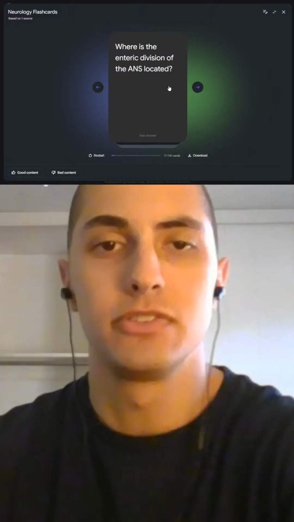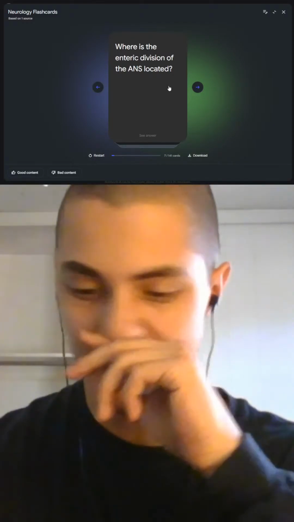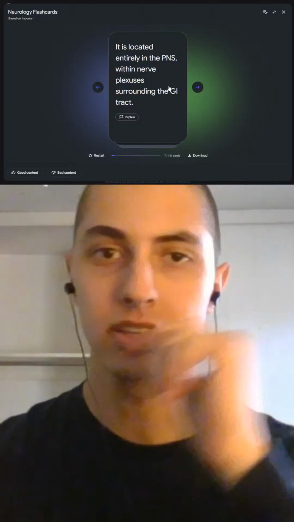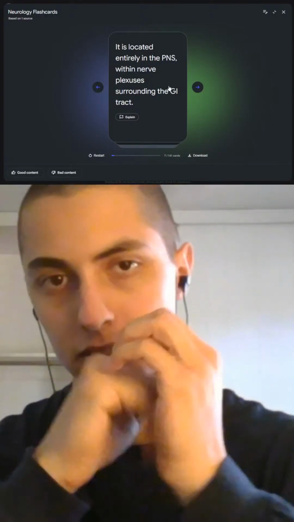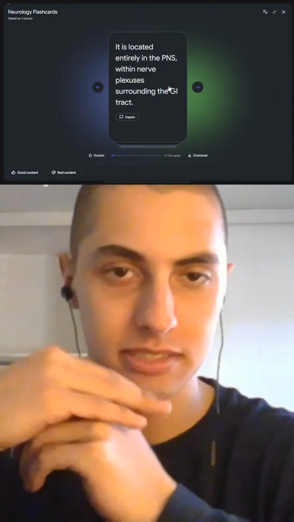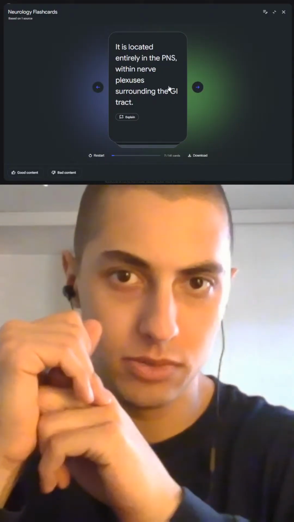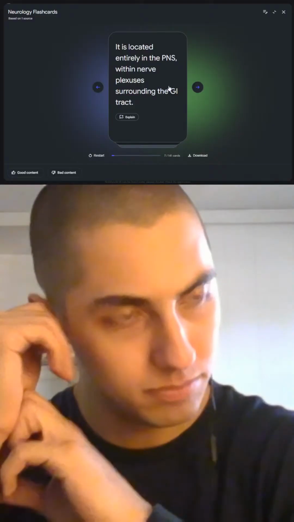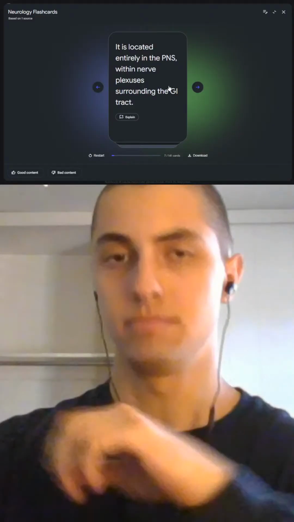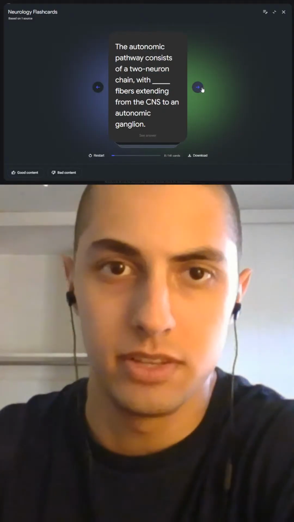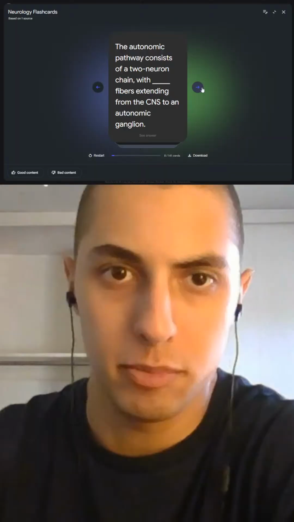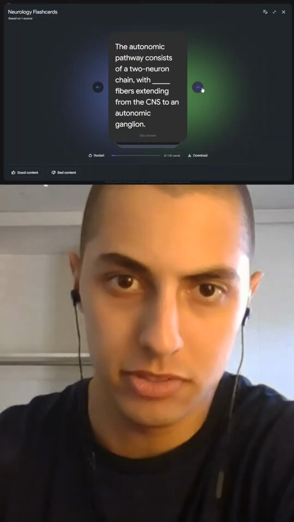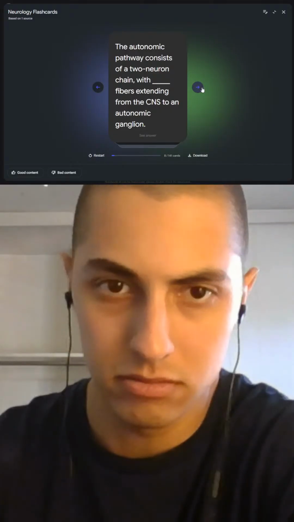Where is the enteric division of the ANS located? It is located entirely in the peripheral nervous system, within nerve plexuses surrounding the GI tract. Okay. The autonomic pathway consists of a 2-neuron chain with blank fibers extending from the CNS to an autonomic ganglion.